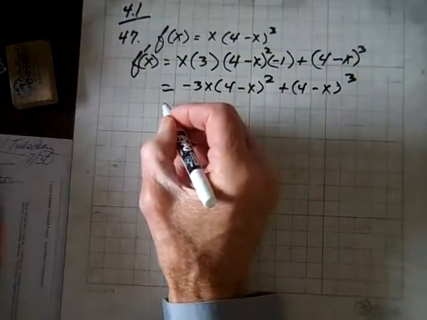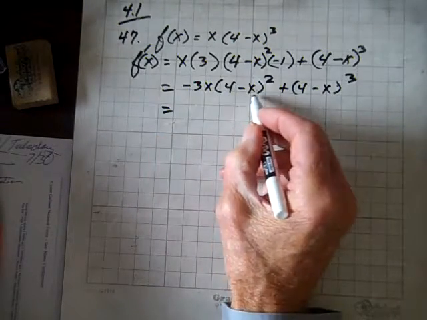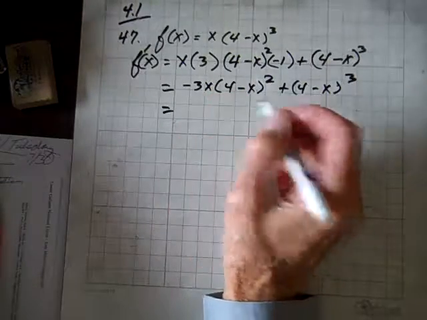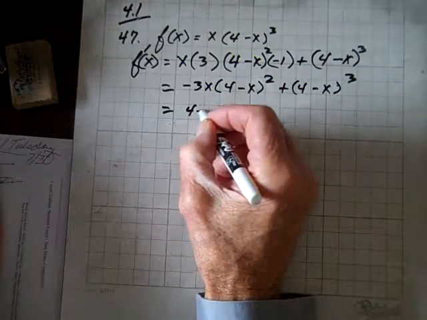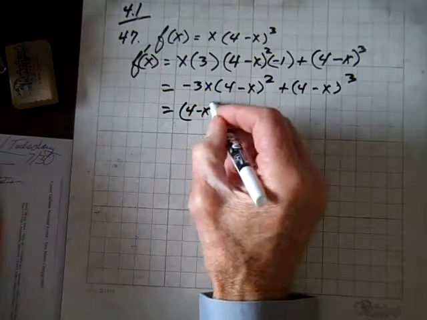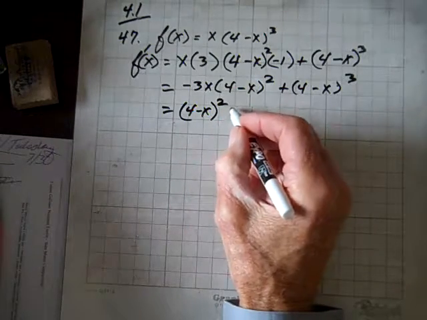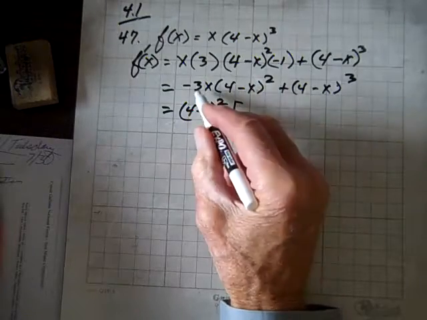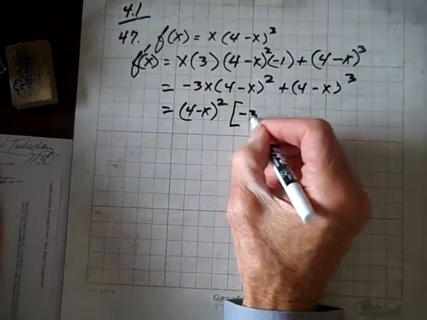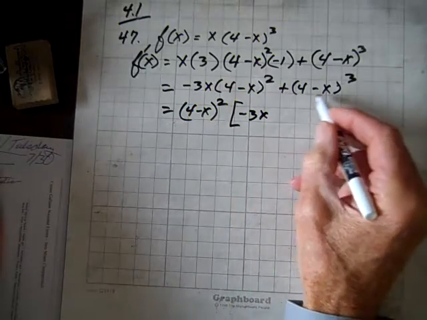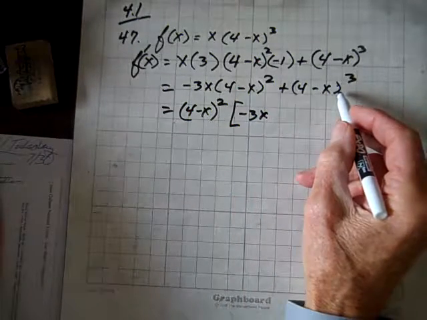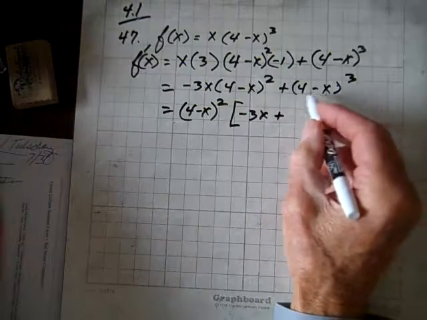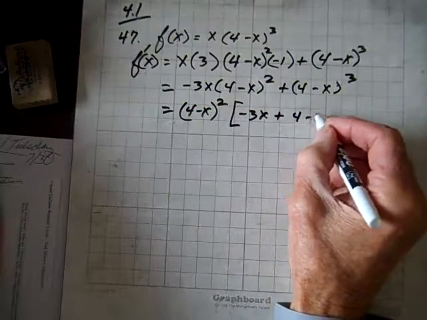Okay, now we can factor a 4 minus x squared out of each term. So we get 4 minus x, that quantity squared, times, and we still have a factor of minus 3x remaining. And if we factored 4 minus x quantity squared out of here, we still have plus one more factor of 4 minus x remaining.